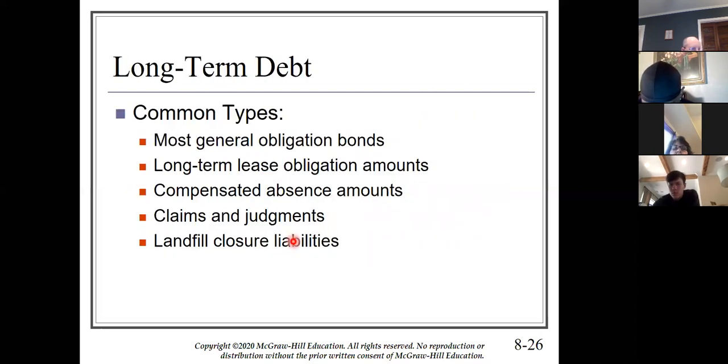And landfill closure liabilities. If the government owns a garbage dump, then when it's filled, they have to spend a lot of money restoring the land, covering up all the garbage with soil, planting trees and grass and that kind of stuff. So that's a long-term liability.